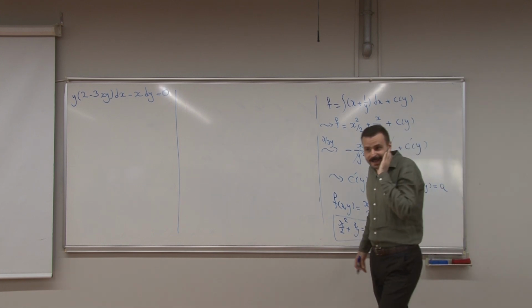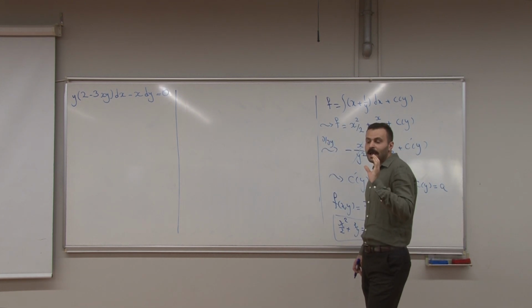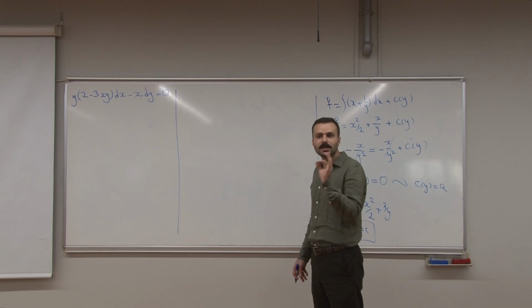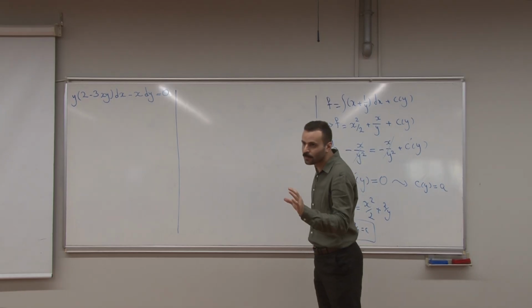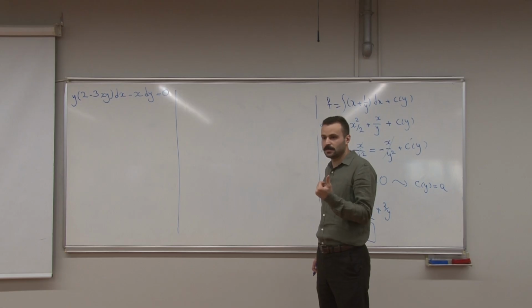We can show that if a non-exact equation has at least one integrating factor, then it has infinitely many integrating factors. So you can also come up with different integrating factors, right?